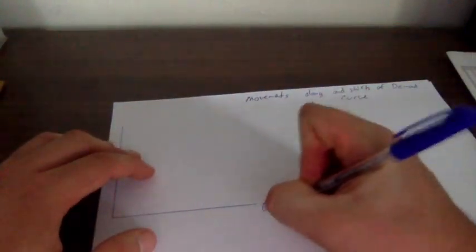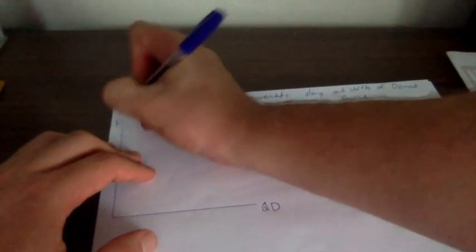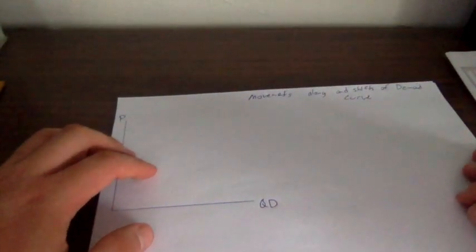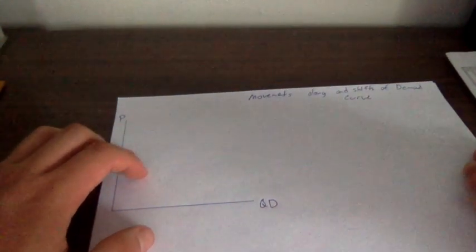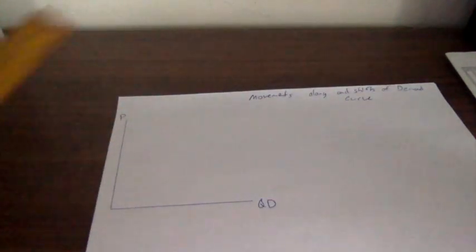Alright, so we've drawn that out. Again, quantity demanded, and we've got price. So we'll draw our demand curve again.